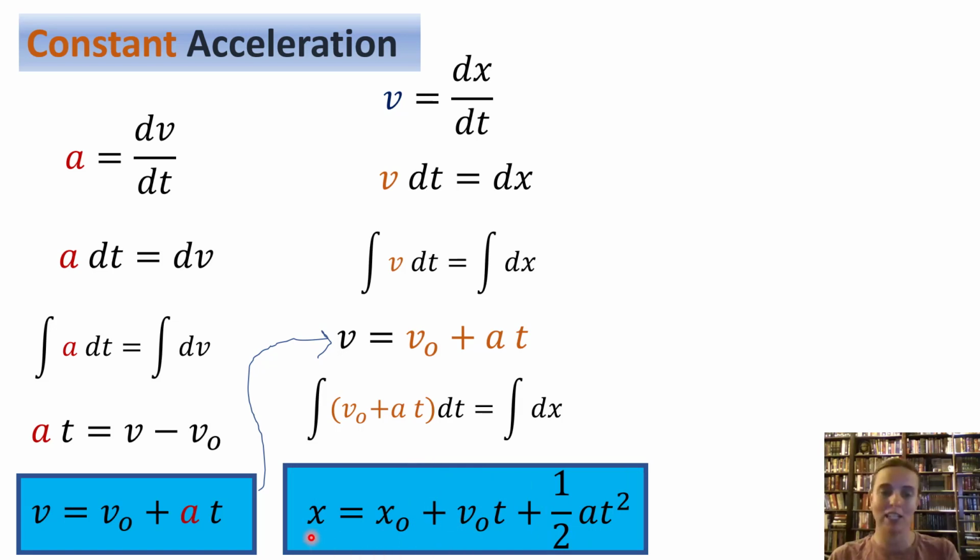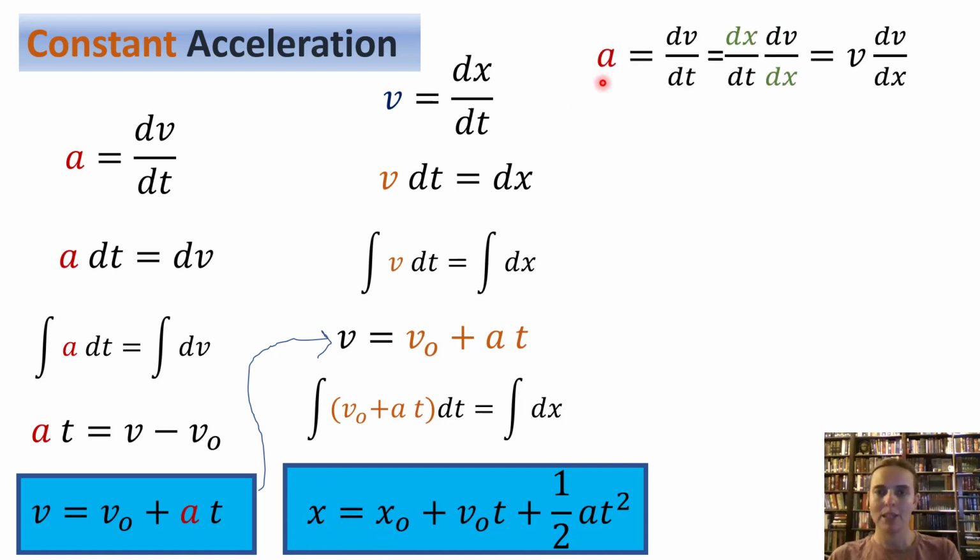So position as a function of time for a constant acceleration is our classic equation, where x naught is the starting position and v naught is the starting velocity, that's what those little subscript naughts are. So this is where we start, and time progresses with this constant acceleration the whole way through, and at the end of it we're at this new position from where we started.